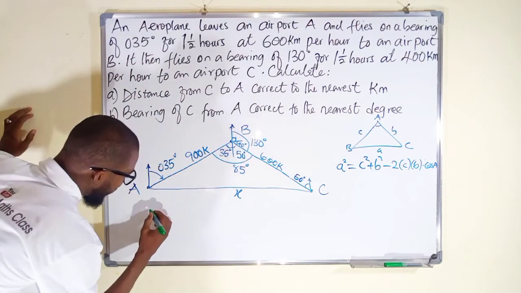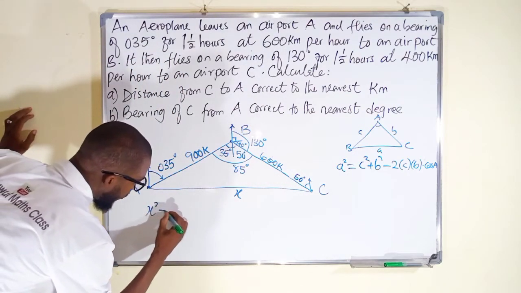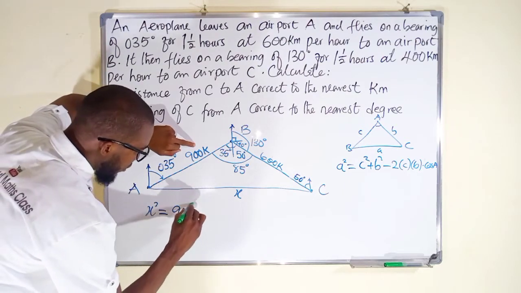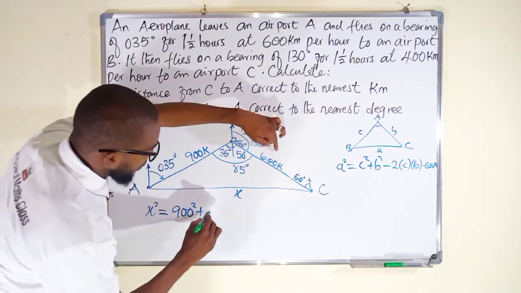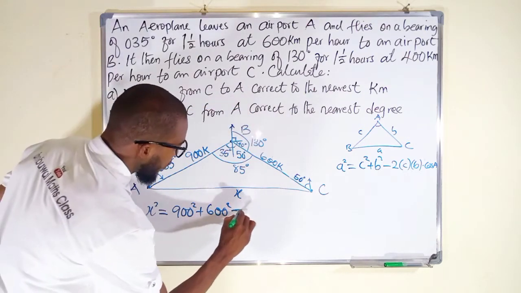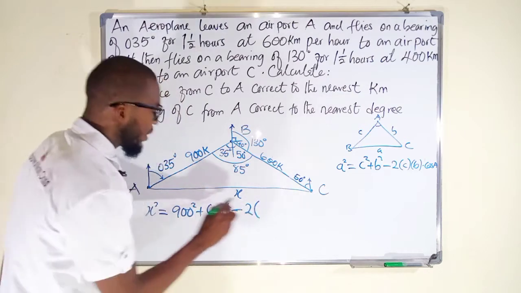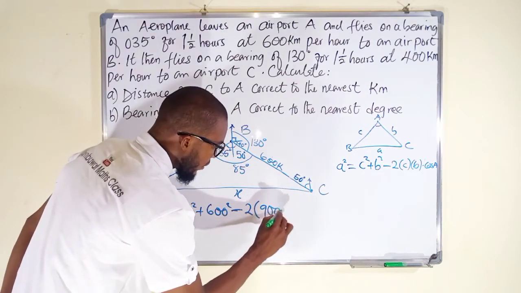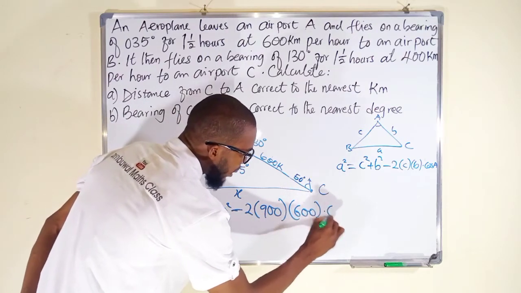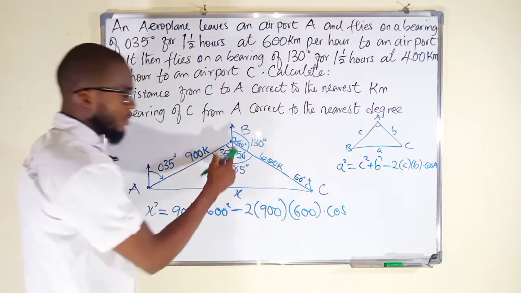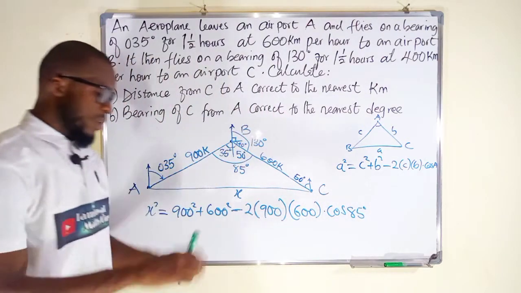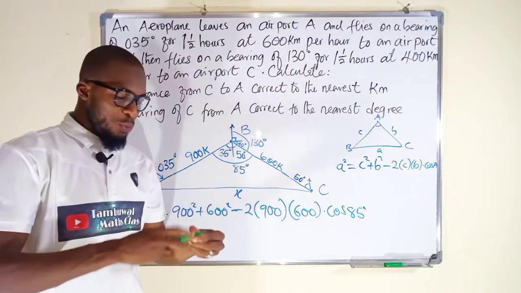So to find X, we say X squared will be equal to 900 squared plus 600 squared minus 2 multiplied by 900 multiplied by 600 multiplied by cos of that angle, which is 85 degrees. So I'm not going to break this down.